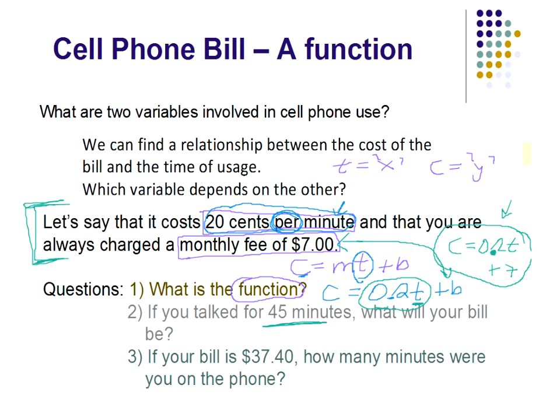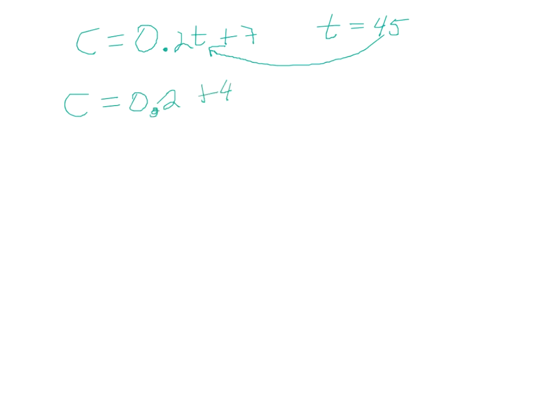So let's do that. I would have C equals 0.2T plus 7, and T is going to equal 45 minutes. So wherever I see a T, I'm going to plug in 45. Yeah, I totally messed that up.